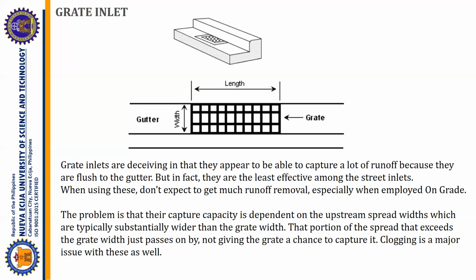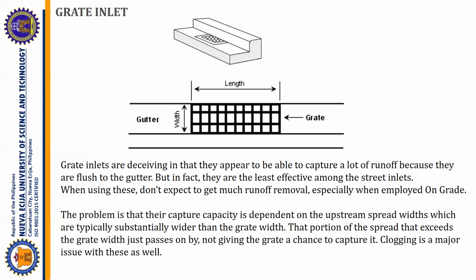The problem is that the capture capacity is dependent on the upstream spread, which is typically substantially wider than the grate width. The portion of the spread that exceeds the grate width just passes on by, not giving the grate a chance to capture it, and that is the major issue with this.